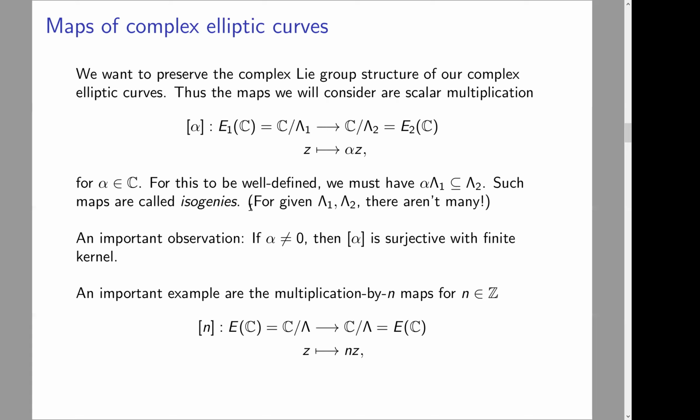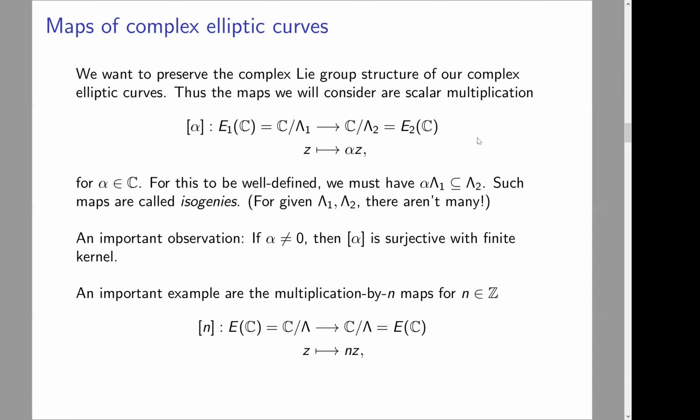And while I won't get massively into this right now, if you fix two lattices, you will find there are not many maps between them. It's a fairly controlled quantity, what is possible in terms of the homomorphisms between a pair of elliptic curves. There's a lot you can say about isogenies beyond just here are maps that there are. One important observation is that, on one hand, we might have the zero morphism. Everything goes to zero.